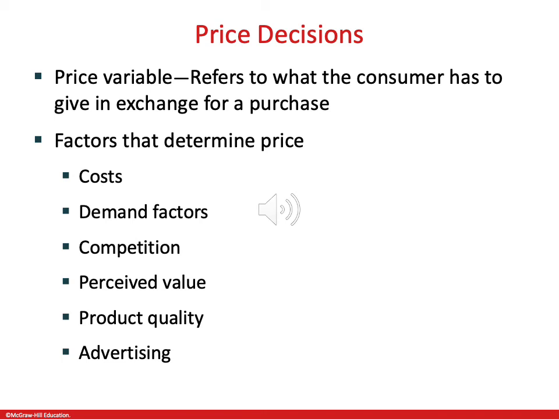So we've talked about branding, but there are other critically important marketing mix decisions. Perhaps nothing is more important than price, right? So pricing decisions. The price variable obviously refers to what the consumer has to give in exchange for a purchase.